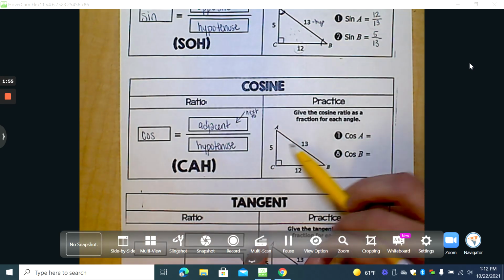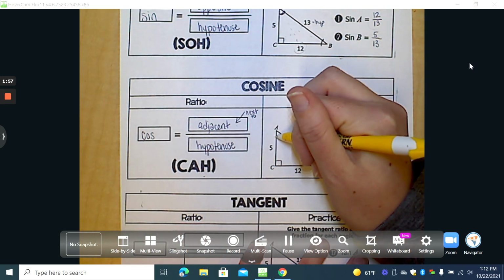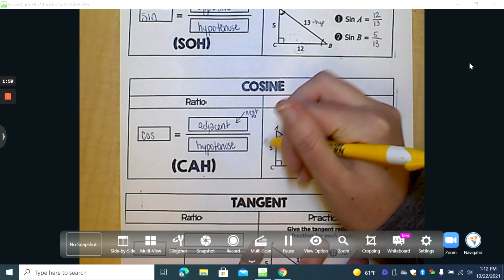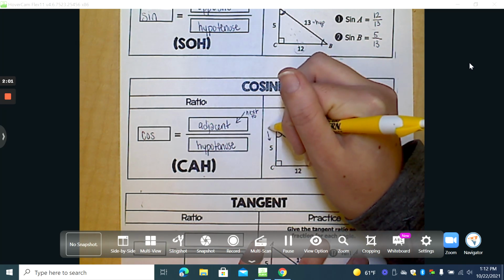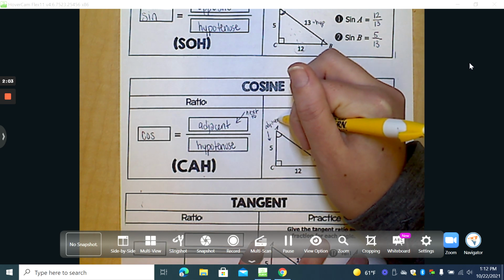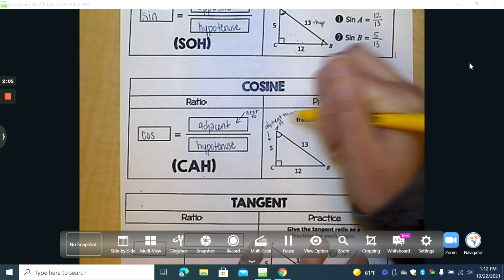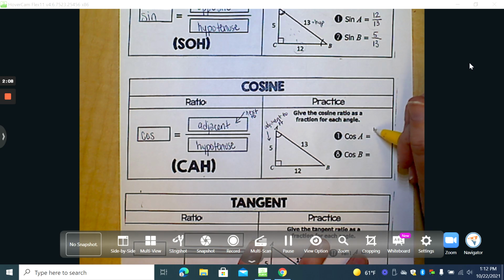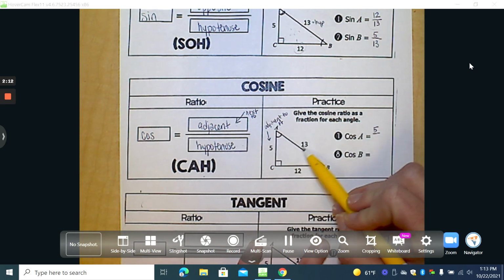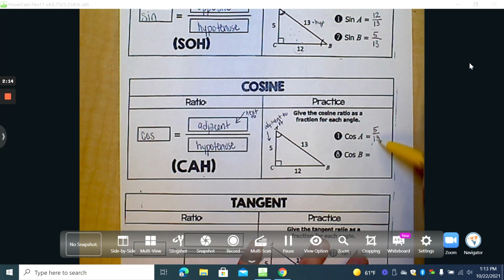And so if I'm looking for the adjacent side of A, here's angle A. My adjacent side is 5. Adjacent to A is 5. And so 5 is going to go on the top of my fraction. And my hypotenuse is still this side, 13.